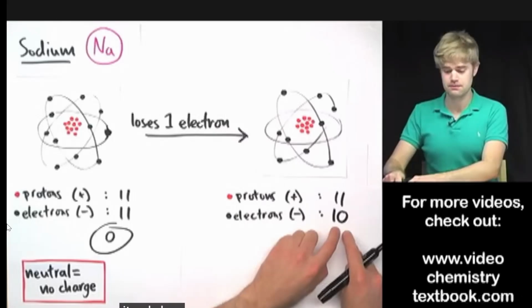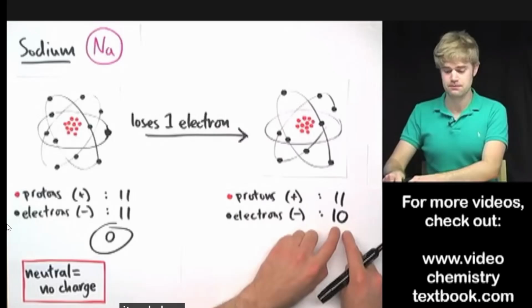What is the net or overall charge of this thing now? Plus 1. In chemistry, we will say either plus 1 or minus 1, so we don't just say 1 if it's positive, we say plus 1. There are a few little weird rules about how we write it.